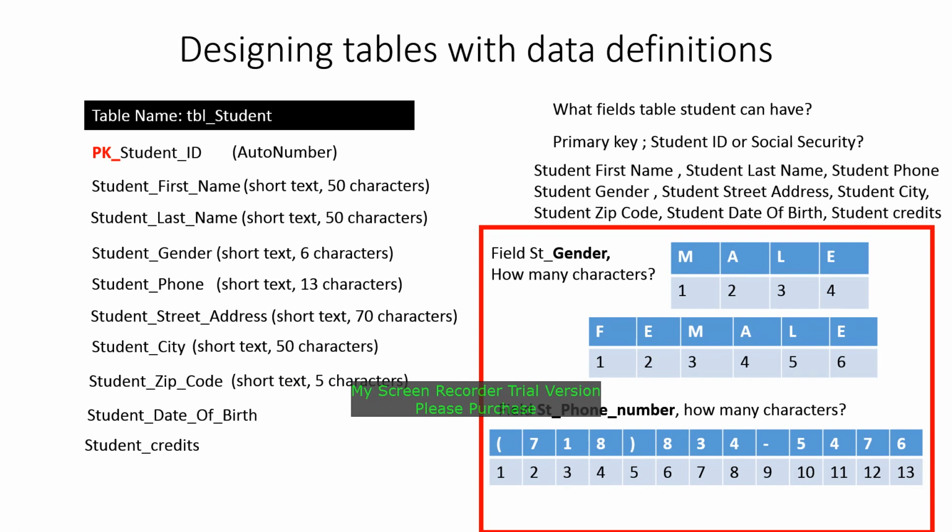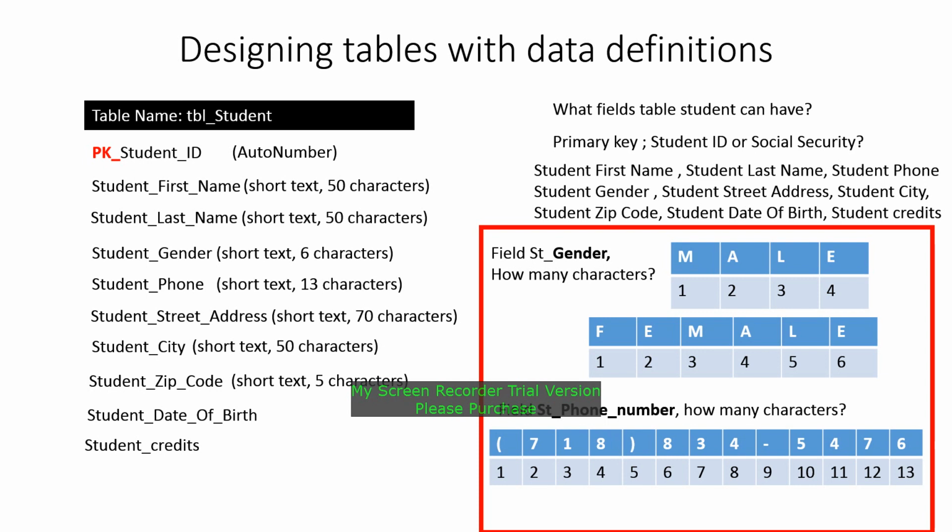Zip code is usually 5 numbers, but even though it's numbers, we don't call it numbers, because we assign the data type number only to those fields which we might need for mathematical calculation. There is no math with zip codes, so that's why we call it short text, 5 characters.